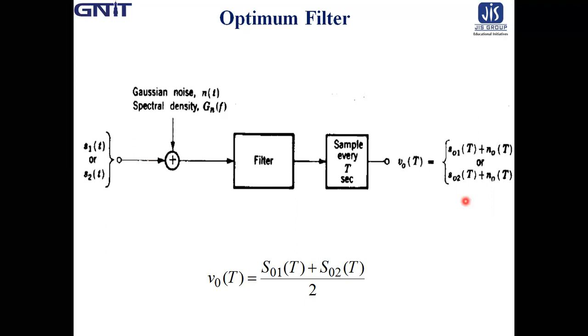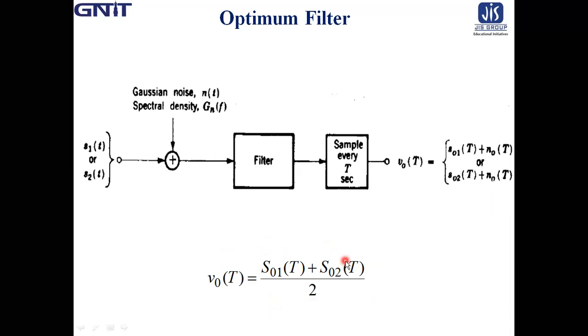Therefore, there must be a decision boundary, which is basically the middle level between S01(t) and S02(t). Therefore, we shall take the decision boundary to be V0(t) equal to (S01(t) plus S02(t)) by 2.